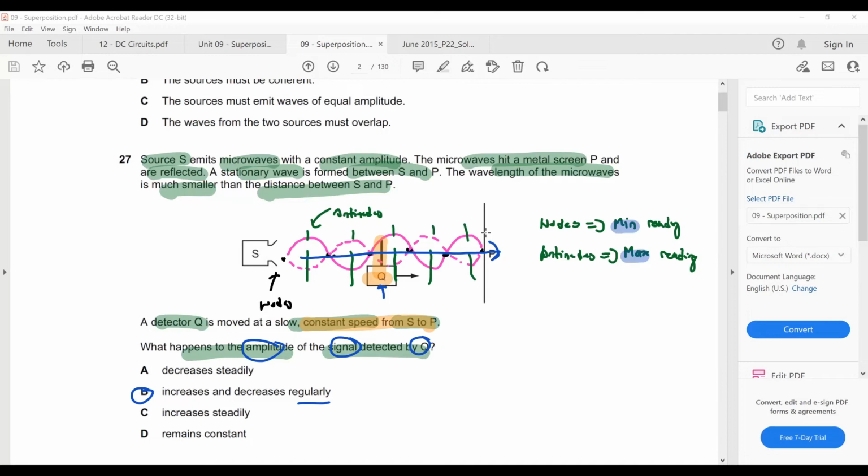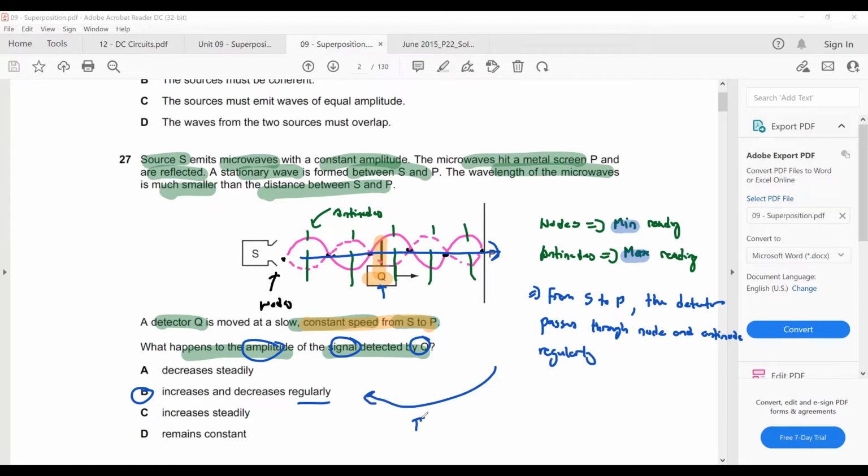So I can say that from S to P, the detector passes through node and antinode regularly.